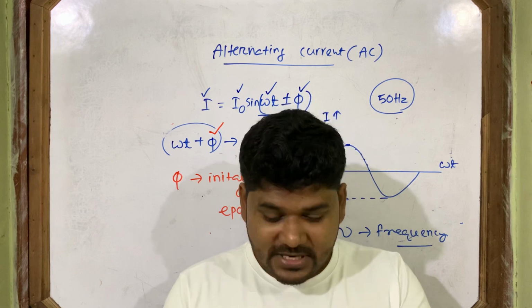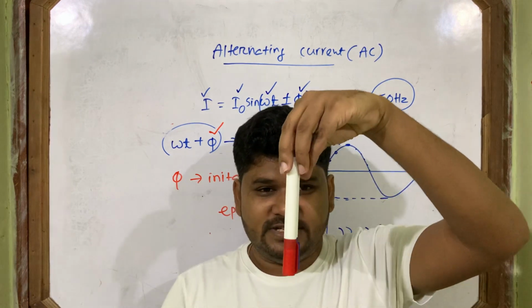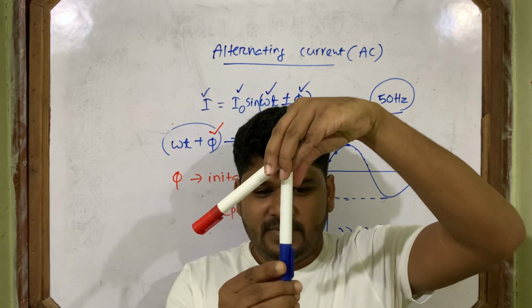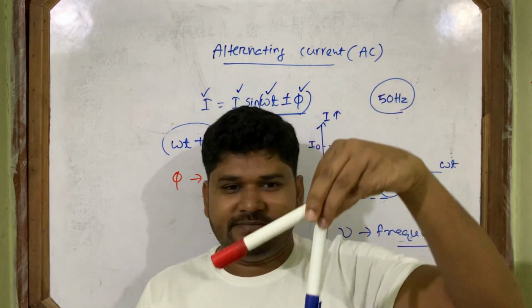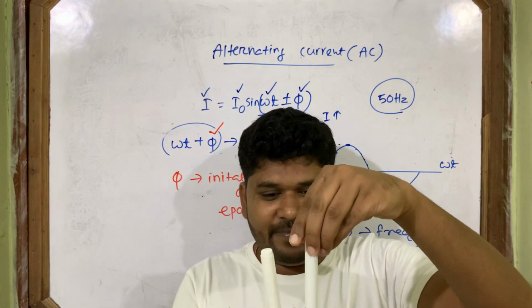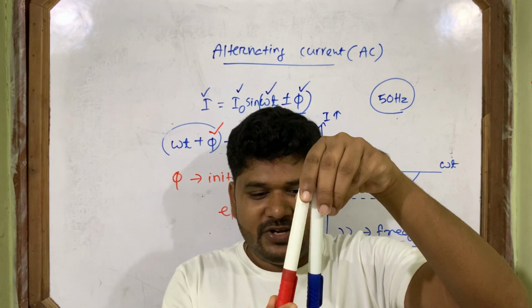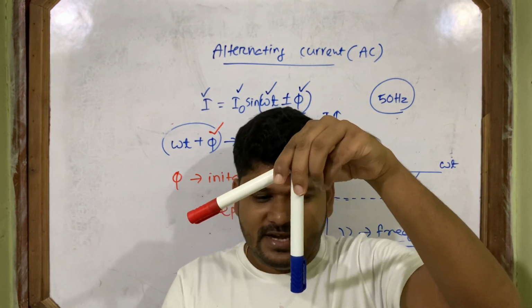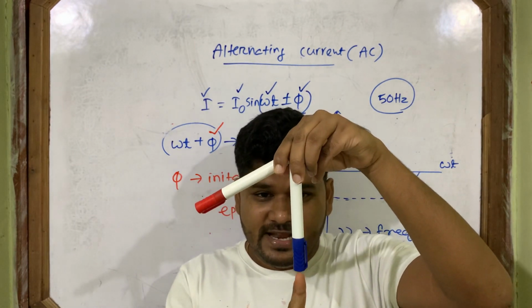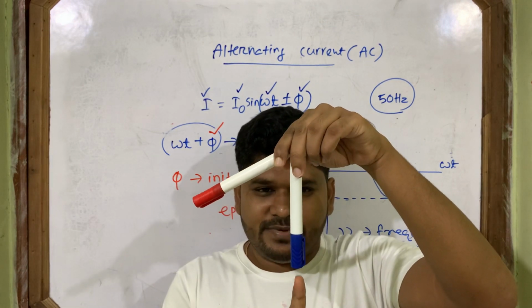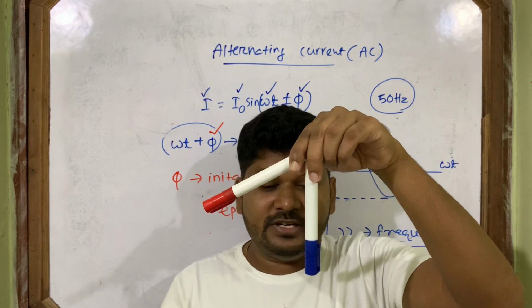Initial phase means, suppose you see two bodies that start oscillating. One body is here, one body is here. At any instant, suppose this body is here, and this body starts oscillating fast, and this one starts oscillation late. This body starts from here. It's at 0 phase when the time starts.